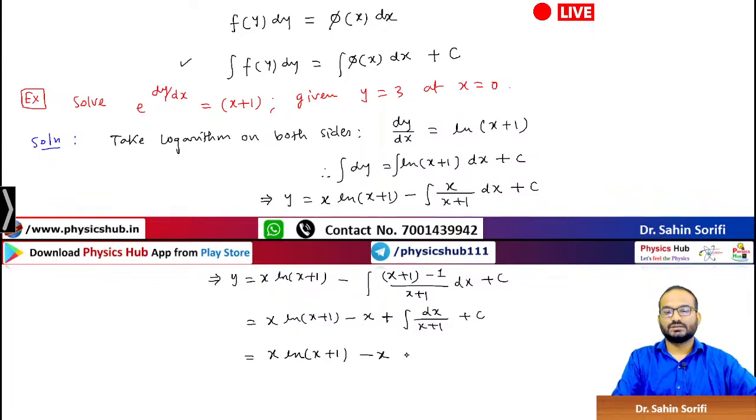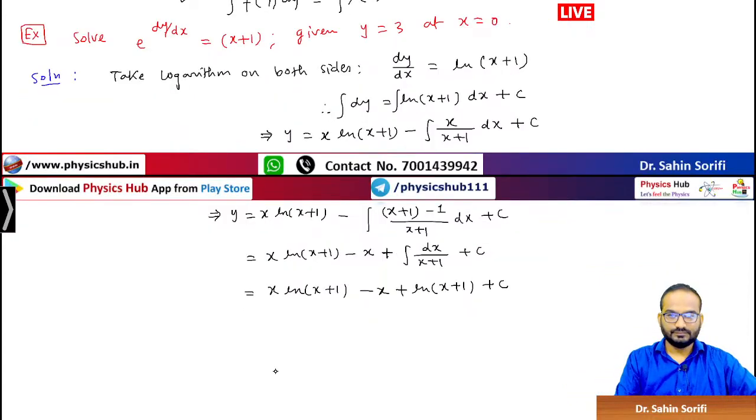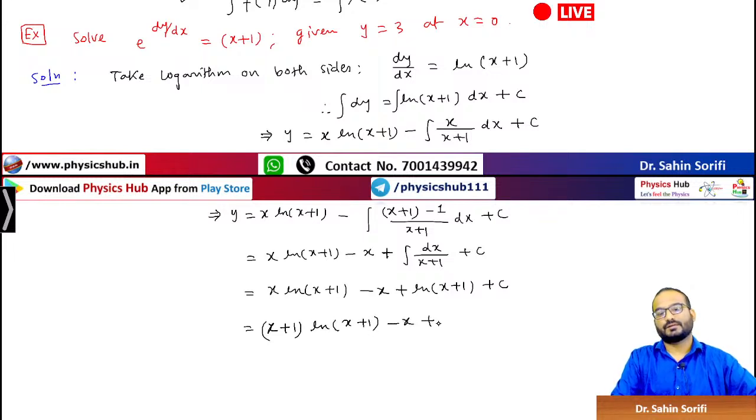And this is ln of (x+1). If you take (x+1) common, you get (x+1) ln(x+1) minus x plus c.